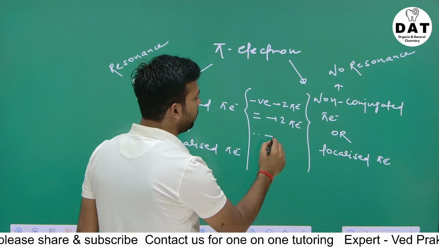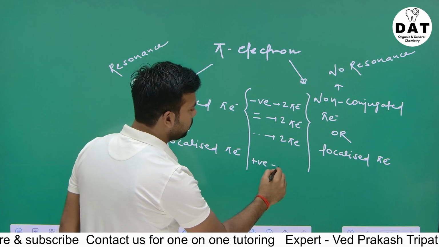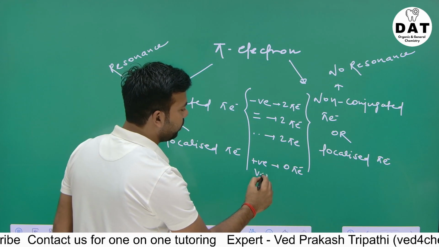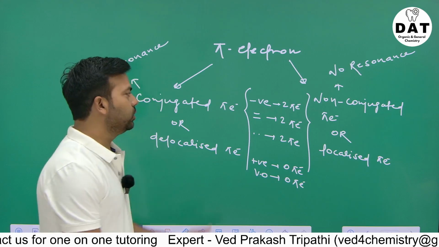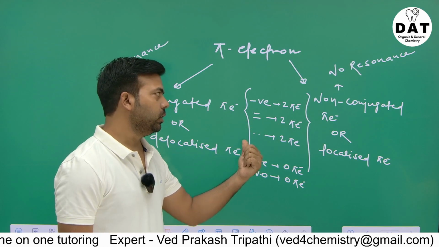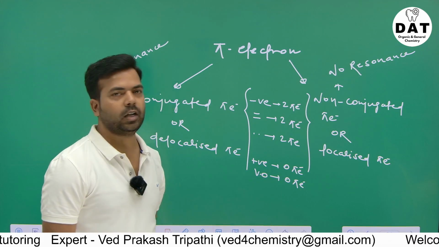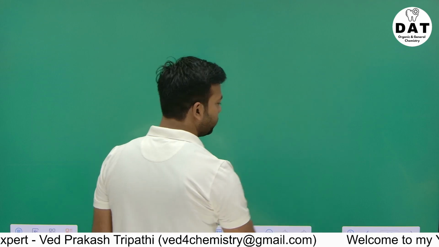Lone pair as well 2 pi. But positive charge has 0 pi electron, as well as vacant orbital also 0 pi electron. So negative, double bond and lone pair all have 2 pi, while positive charge and vacant orbital have 0 pi electron. So let's start here.